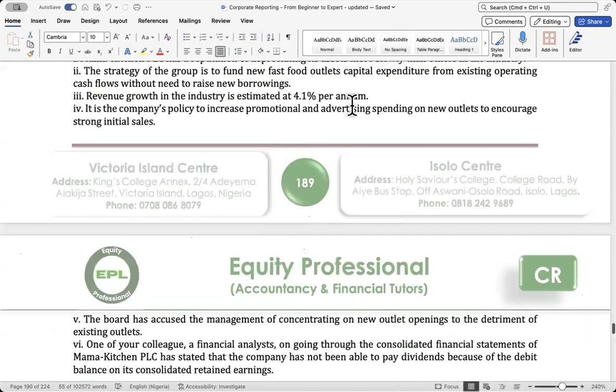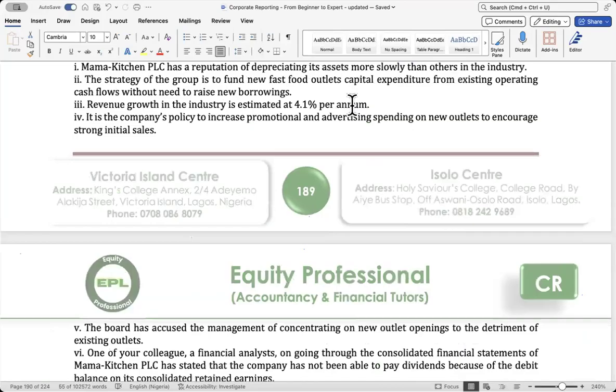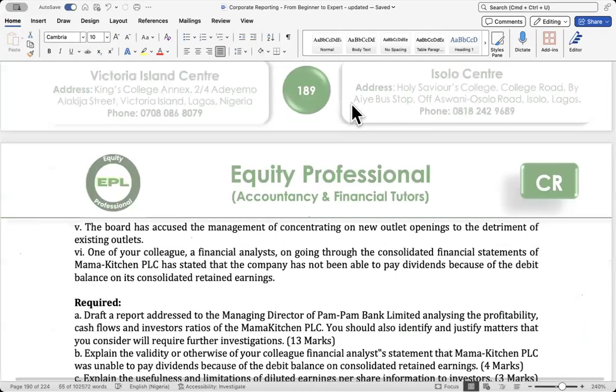It says it is company policy to increase promotional and advertising spending on new outlets to encourage strong initial sales. They said the board has accused the management of concentrating on new outlet opening to the detriment of existing outlets.